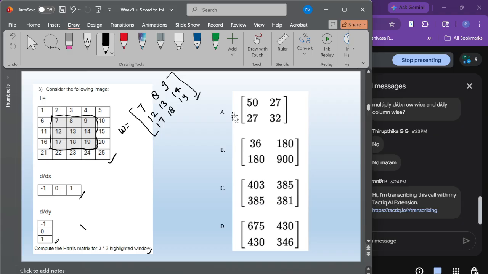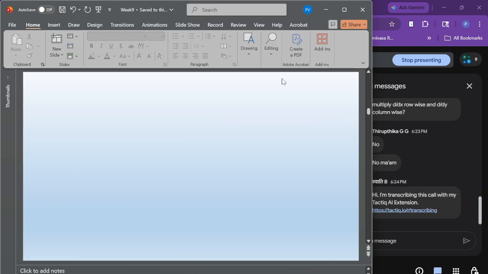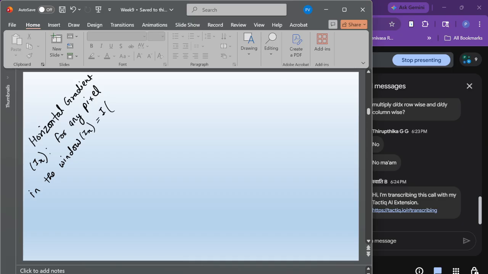First we calculate it for any pixel in the window: the pixel at row, column plus 1, minus the pixel at row, column minus 1.